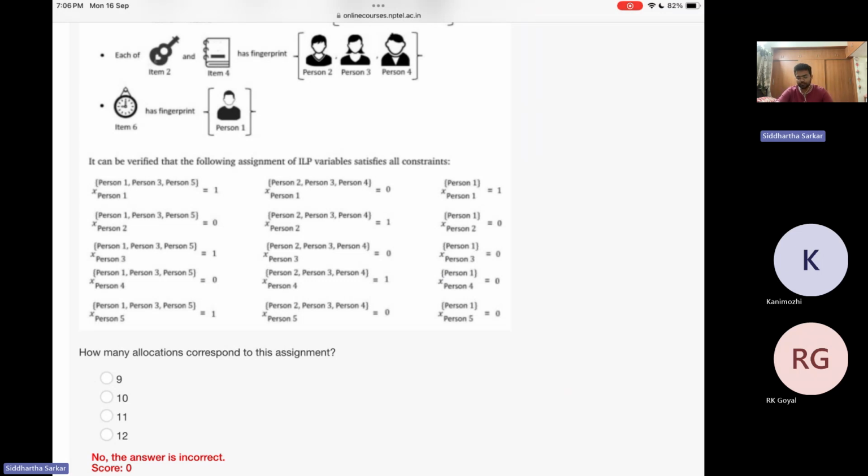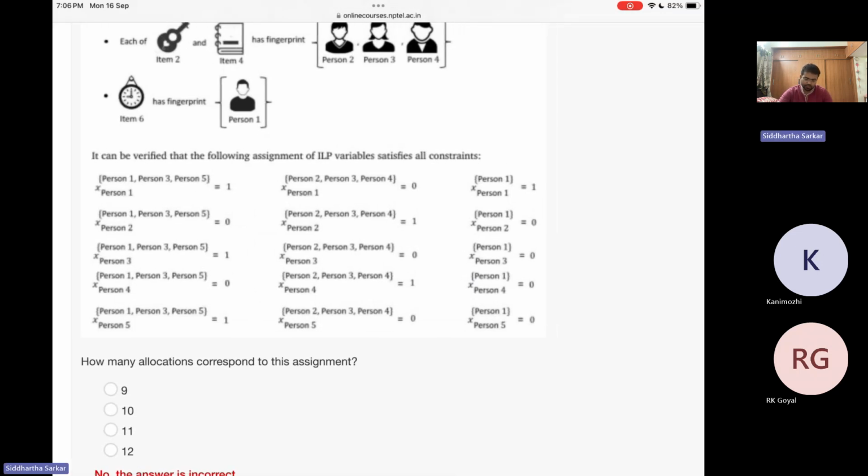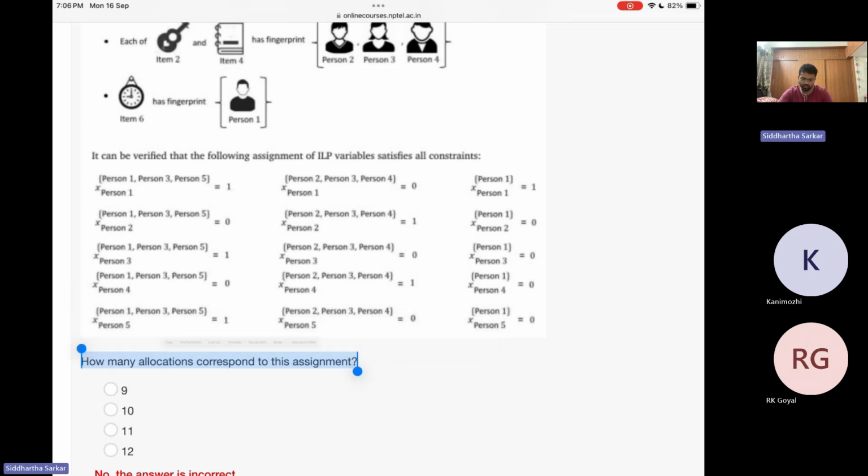So the question is, in how many ways can you distribute the items according to this set of equations, so that envy-freeness is anyway assumed. The question is how many. How many allocations correspond to this assignment? 9, 10, 11, and 12 are the options.